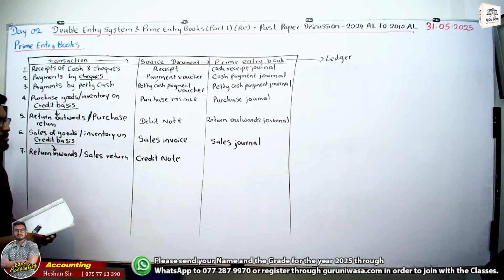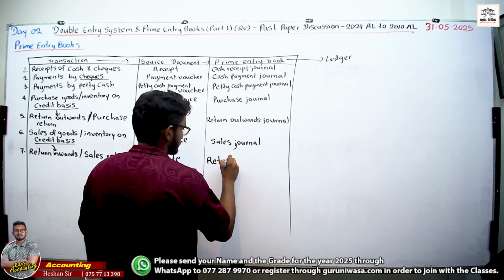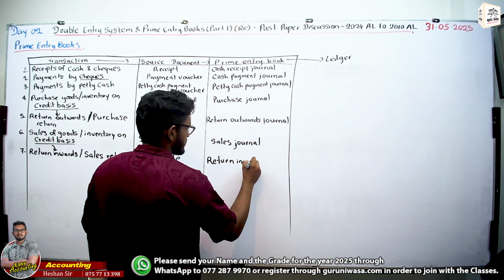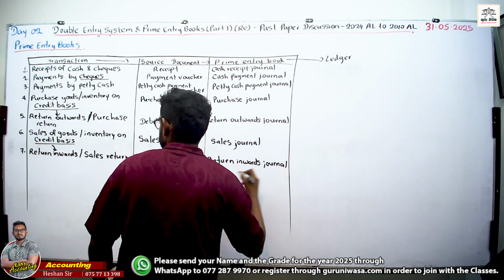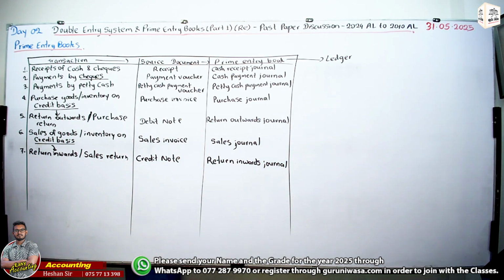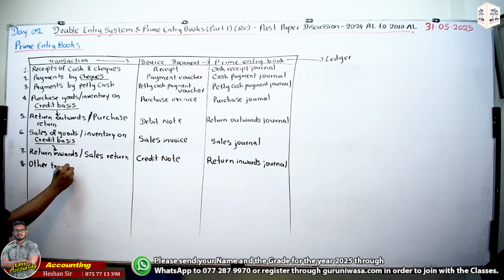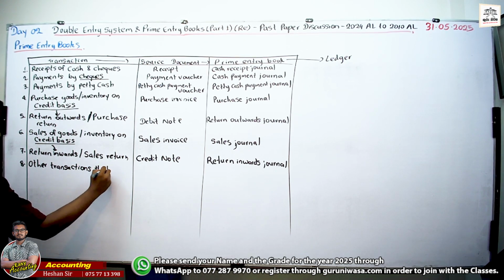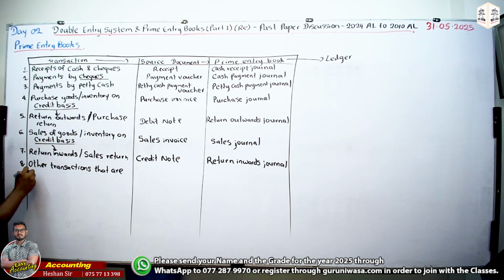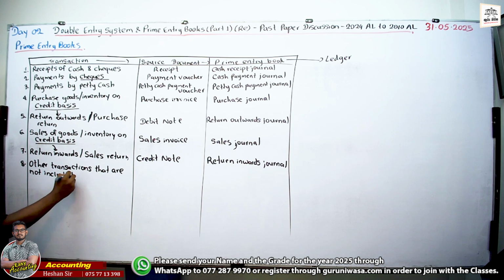Okay. So return inwards journal. Number 8, other transactions that are not included above.